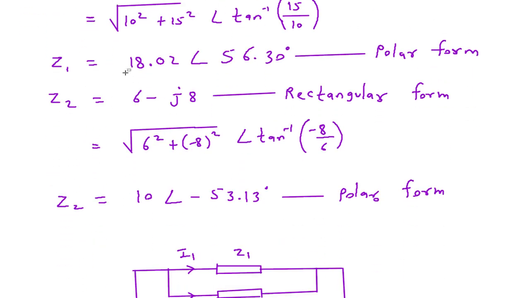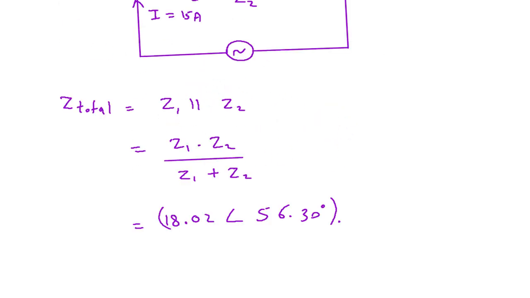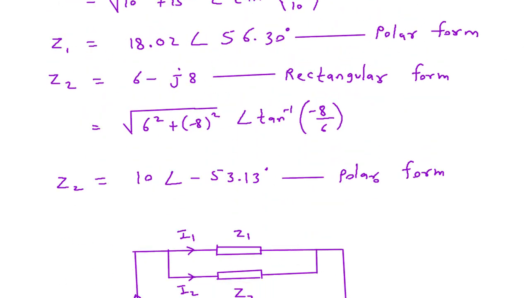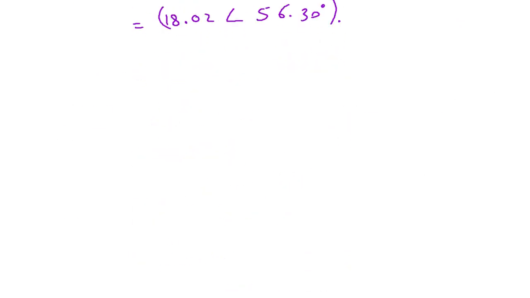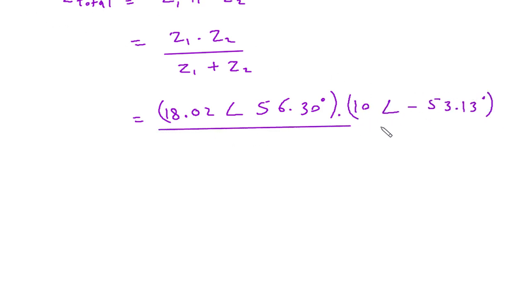So here this is the Z1 in polar form, and then we will multiply it with Z2 in polar form. Then in the denominator we are doing addition.